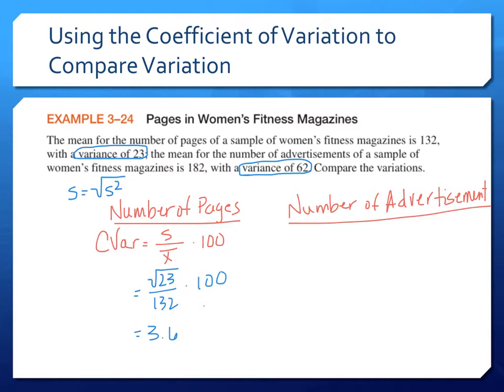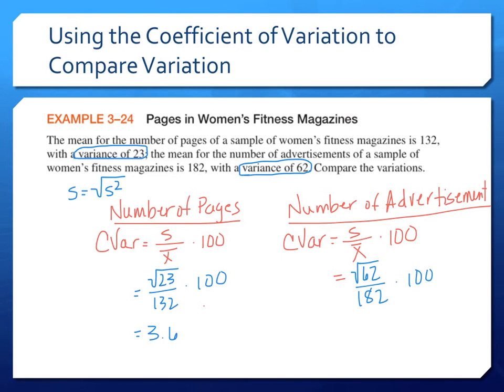Let's go ahead and do the number of advertisements. So again, and I actually recommend when you use a formula, write it out. It will help you to remember the formulas. So the standard deviation in this particular example is the square root of 62 because we have the variance, divided by the mean, which is 182, times 100.